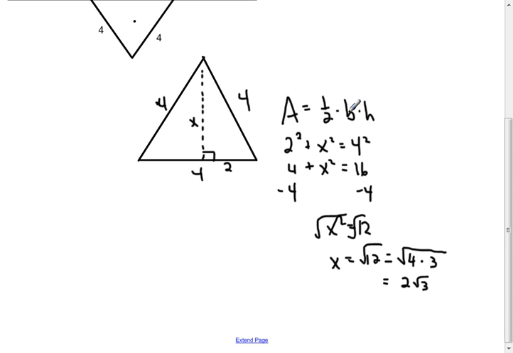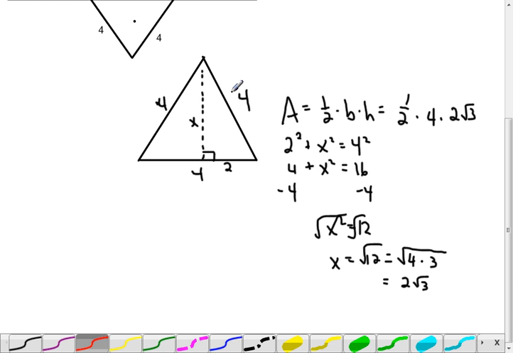So we know everything we need to know for the area of this base. The base of the triangle is 4, and the height is 2 root 3. So the area is 1/2 times 4 times 2 root 3. 1/2 times 4 is 2, 2 times 2 is 4. So the area of this triangle is 4 root 3. I'll write that in a different color up here.